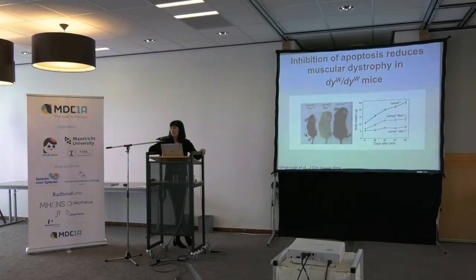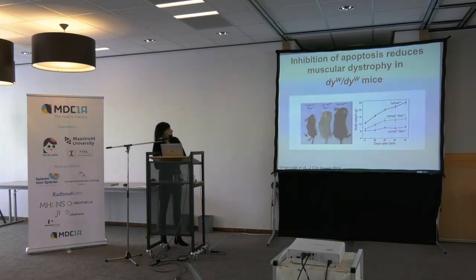And Sweta, there is Sweta, she performed seminal work showing that apoptosis is a disease driver in MDC1A. What she showed in 2004 was that when apoptosis was inhibited in the DYW mouse, then muscular dystrophy was significantly reduced.